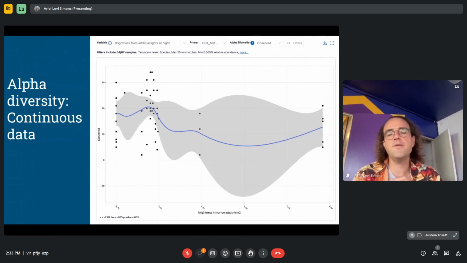We also fit the error bands for you, and we also do statistical tests on this. Here, P is 0.13. This says there's a 13% chance that the relationship is just due to some statistical fluctuation, which people usually do not consider significant. So at least for the LA River data that we have, we're not dealing with large variations in animal diversity based on the amount of artificial light at night.